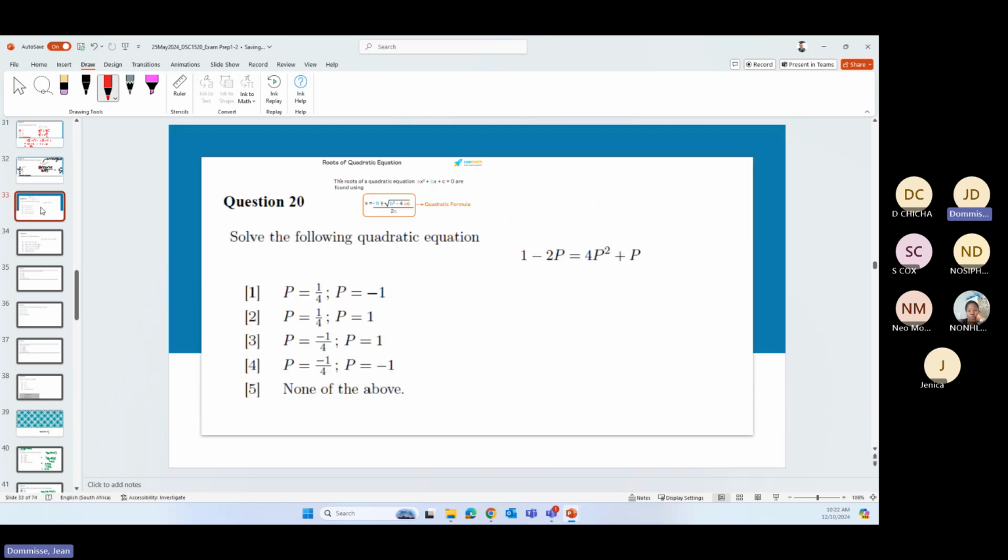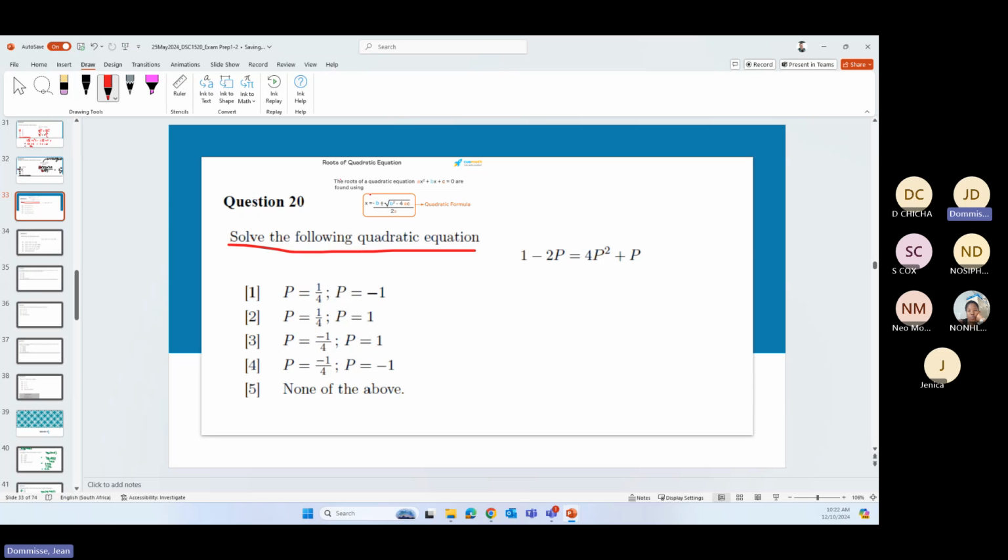Let's see what was. Okay, so solve the following quadratic equation, and you see I've added that in here already. So it might be that we need to follow the roots to get to that.